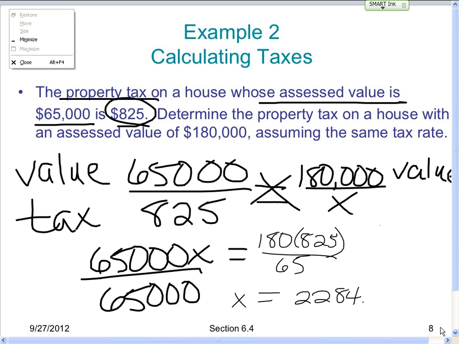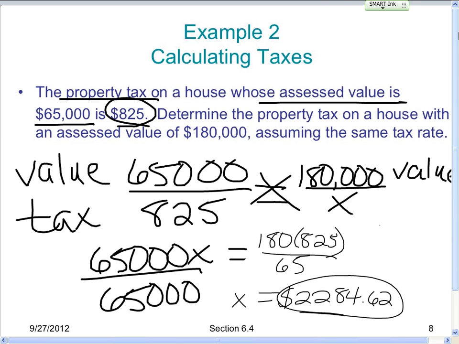Let's see how many cents. 62 cents. I rounded to the nearest cent. All right, so here would be our tax for a $180,000 home.